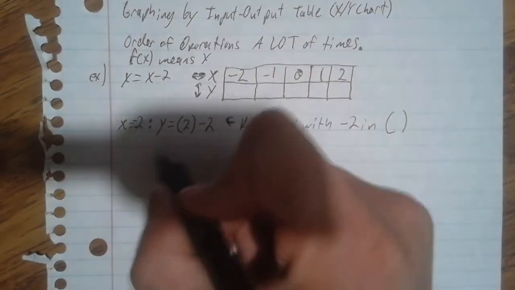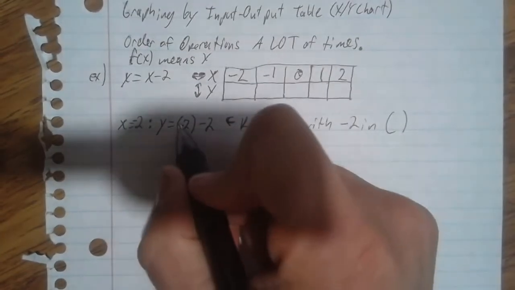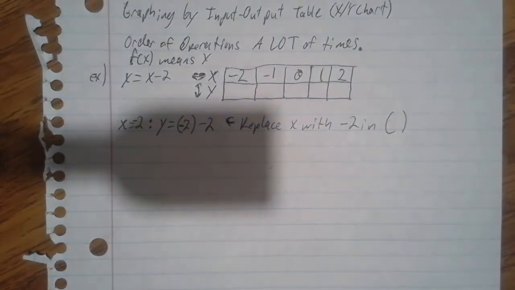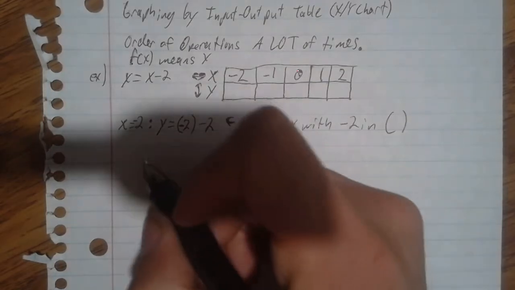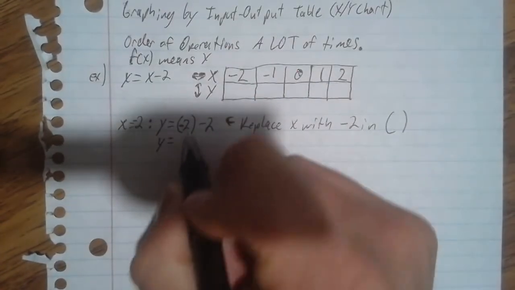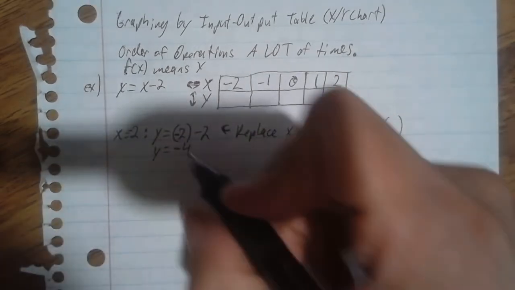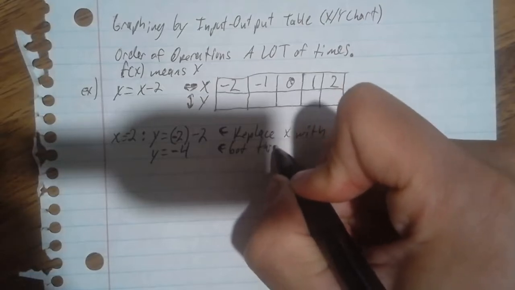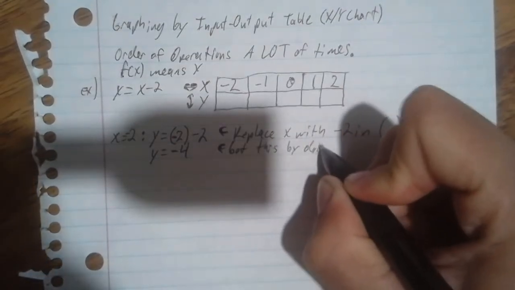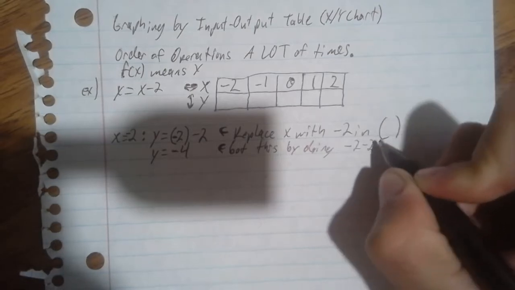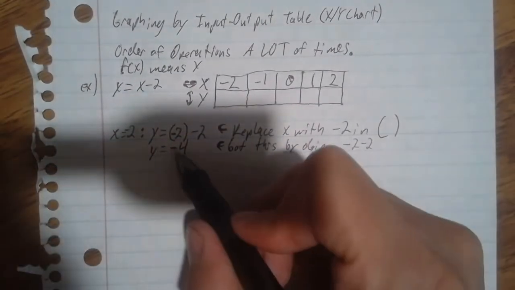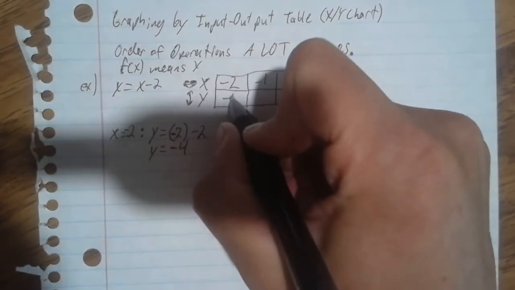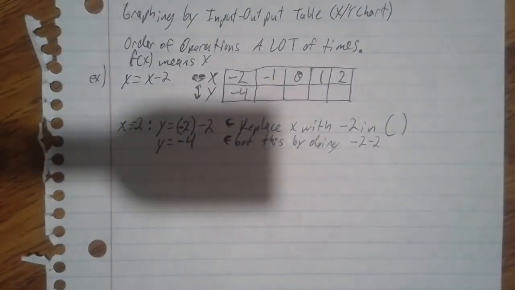Now we're just going to do the operation. -2 minus 2 is -4. And we got this by doing -2 minus 2. Then we just take this -4, put it up here.